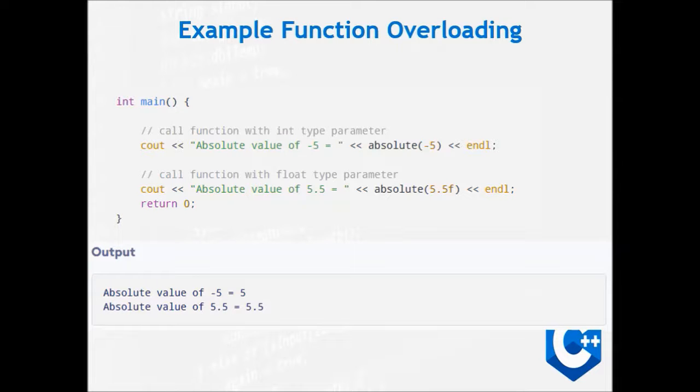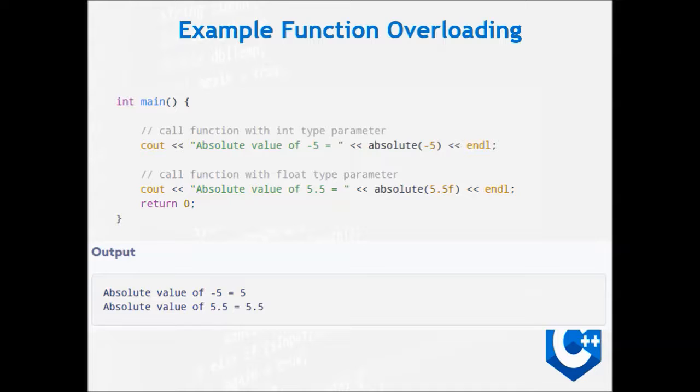In the main program, first of all we call the function with an int type parameter. So we write cout absolute value of -5 is equal to, and we call absolute(-5) and then endl.